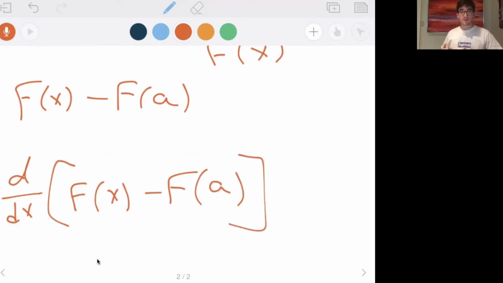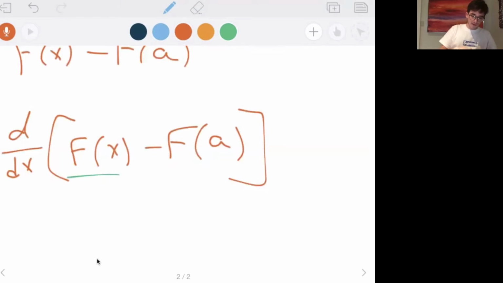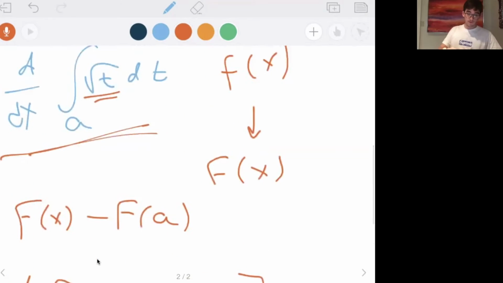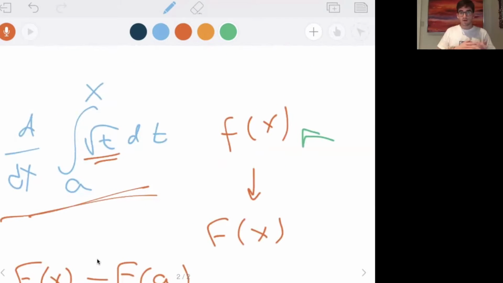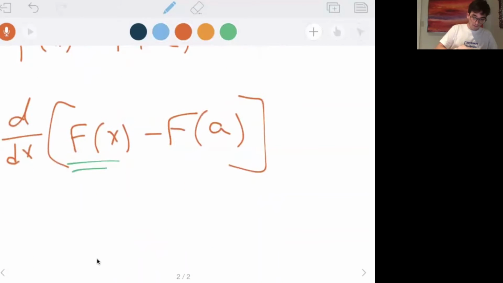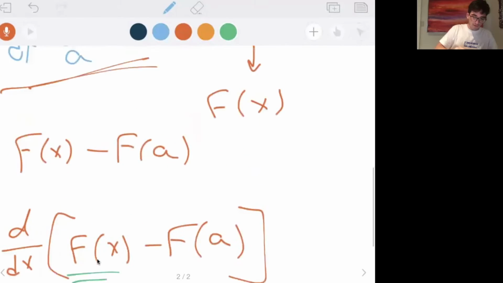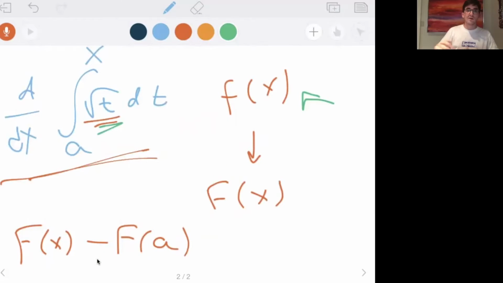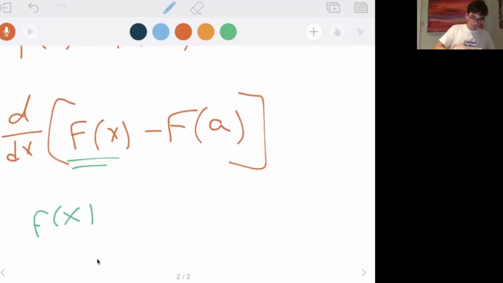All right, so let's actually do this. Well, since big F of x is the antiderivative of f of x, right? It's the antiderivative of the original expression. If I just take the derivative of that, I'm back to where I started. So the derivative of big F of x is just going to be f of x, and we know that that's going to be the square root of x. So that first part is just going to be square root of x, okay, minus the derivative of that.